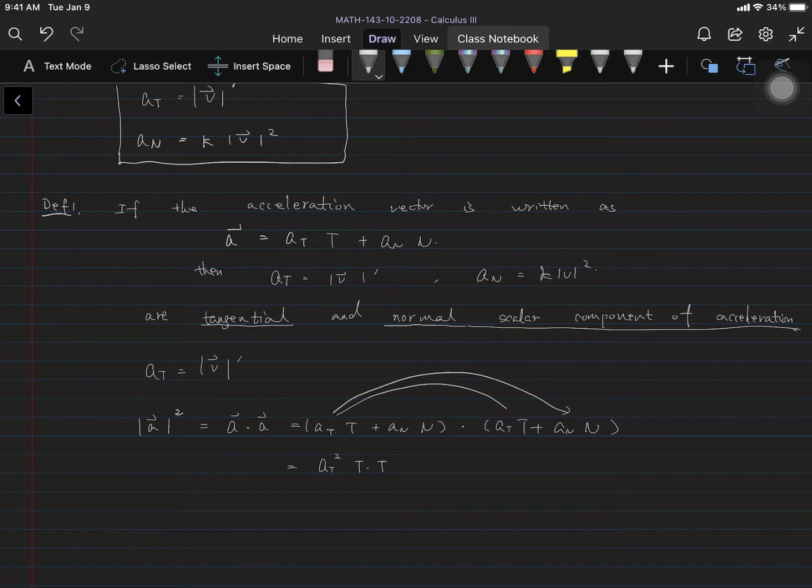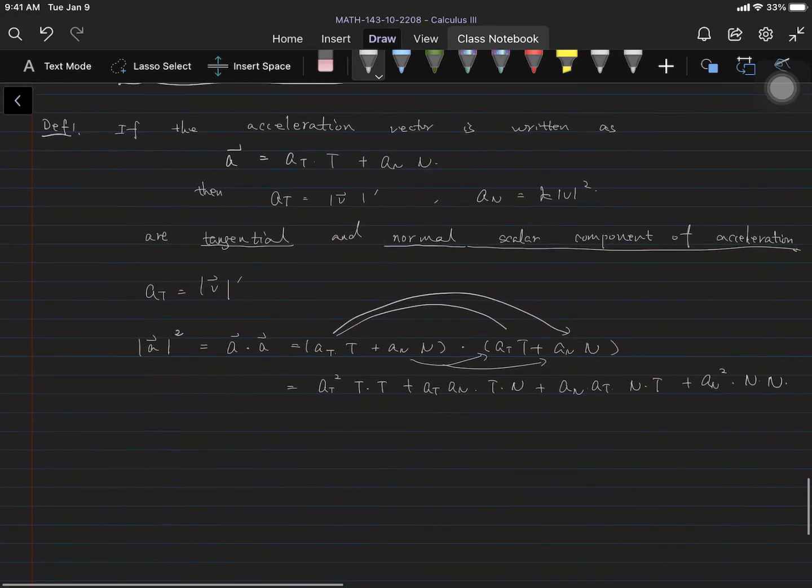Use this term times that, which is a_t a_n T dot N, and plus use this term times everything here, a_n a_t N dot T, plus a_n squared N dot N.